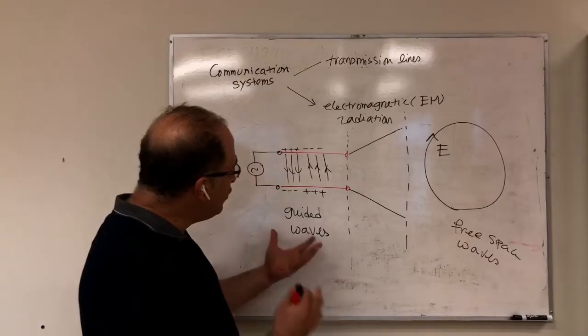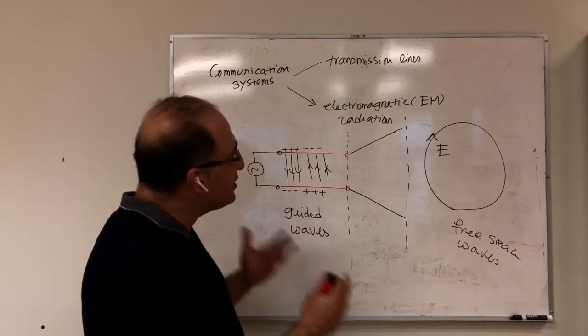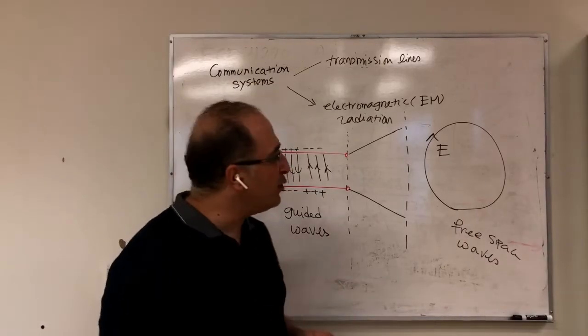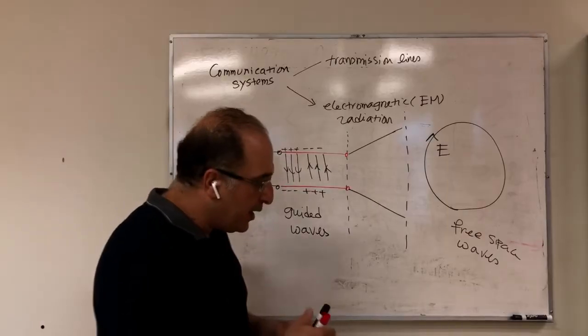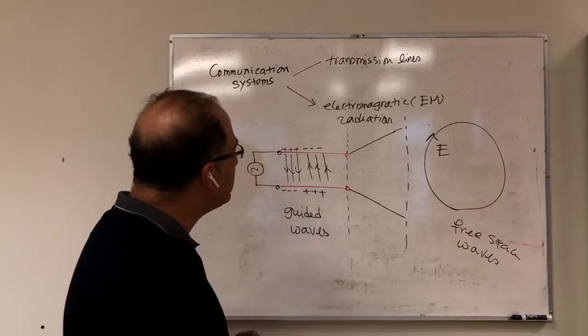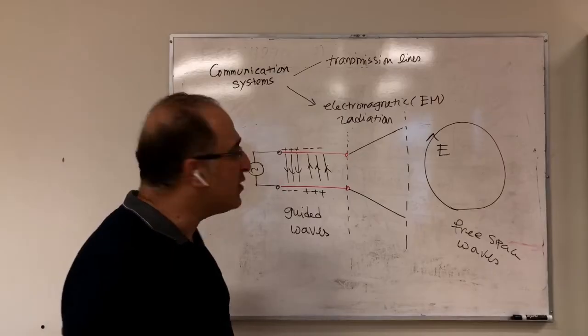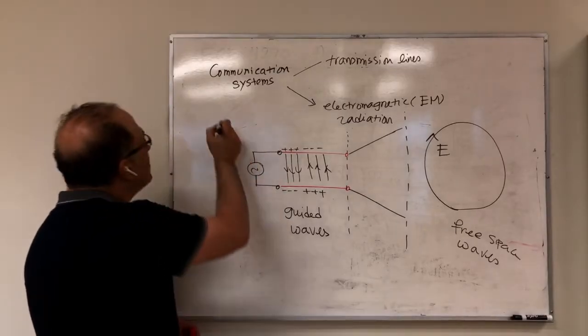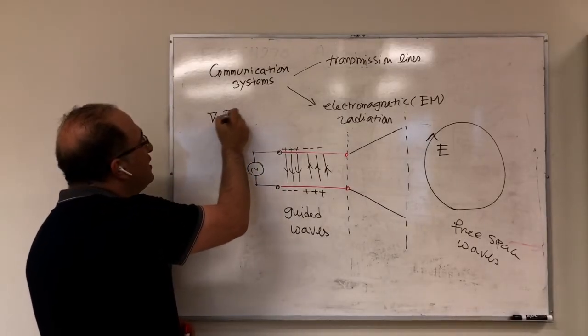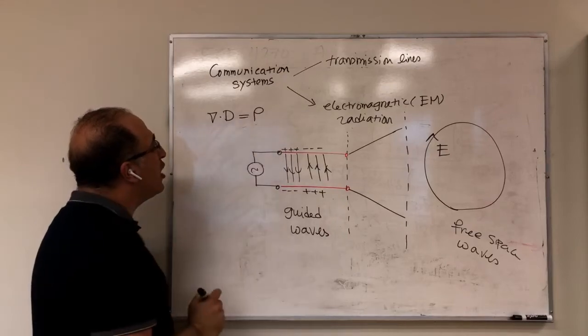And if you want to think about Maxwell's equations, I want to remind you a little bit about them. One of the Maxwell's equations that you learned in ECE 3580 tells you that divergence of D is equal to charge density.